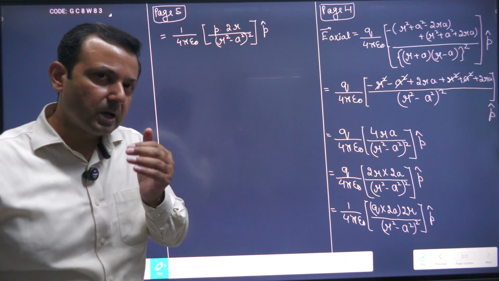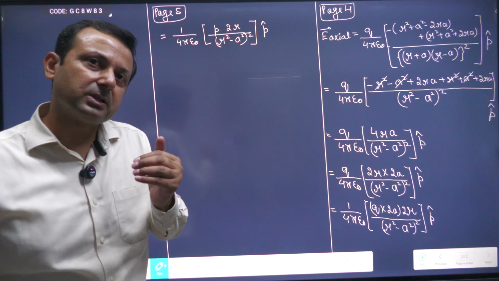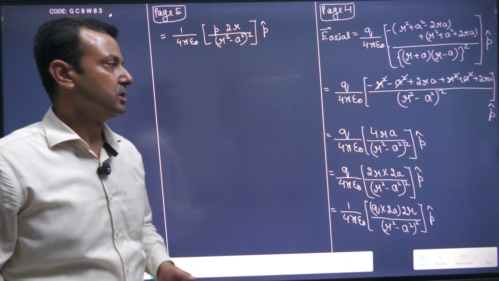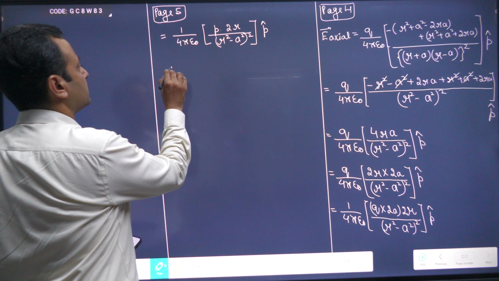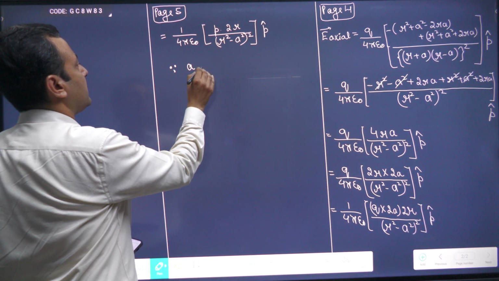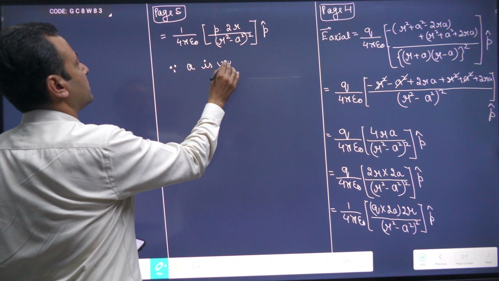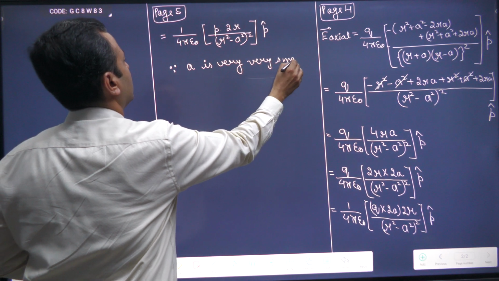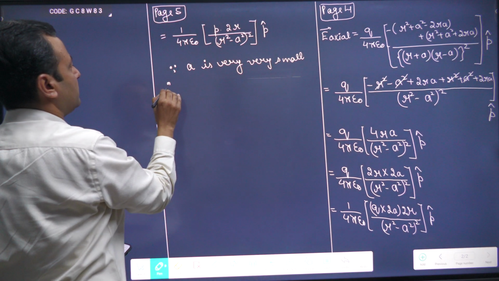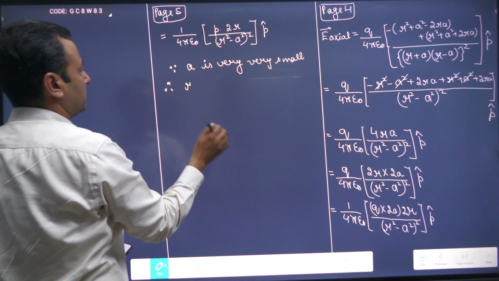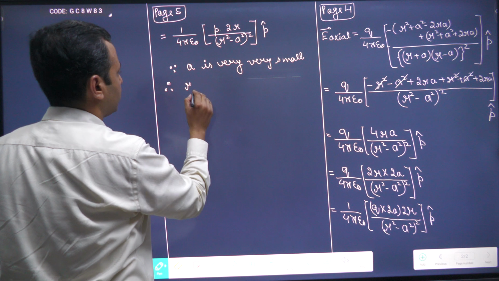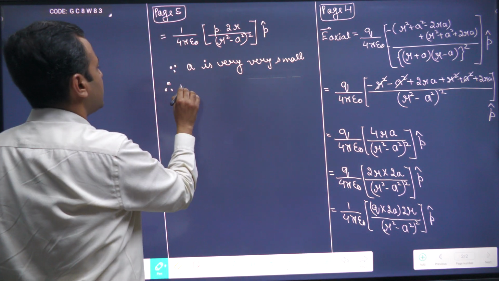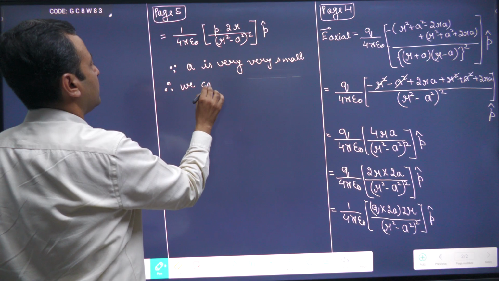And if we are talking about that a, a is half of 2a, so a is further very small. So since a is very small, therefore we can neglect a square.